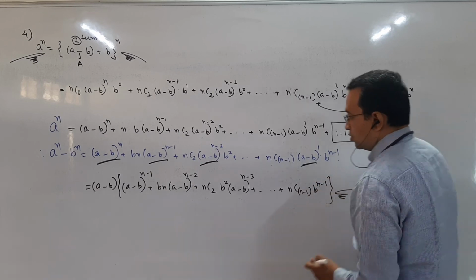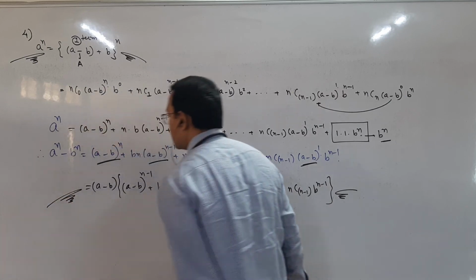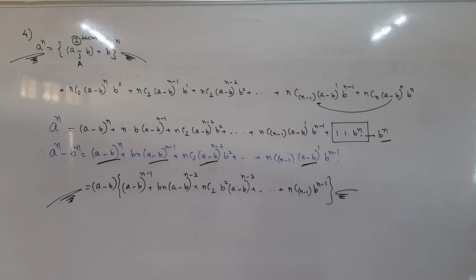This step also must be very carefully observed. I have underlined all a minus b terms. The minimum power is always taken common. Students, as far as common is considered, we have to always take the minimum power as common.